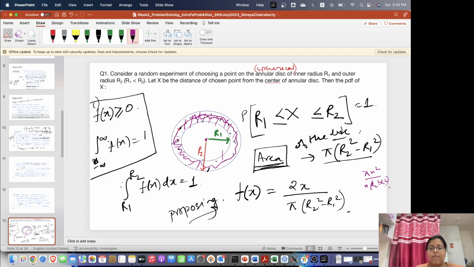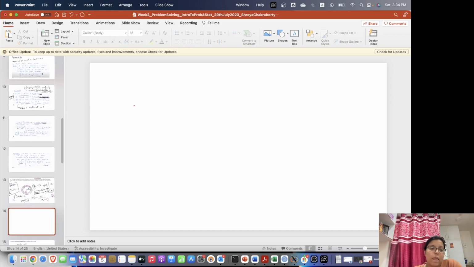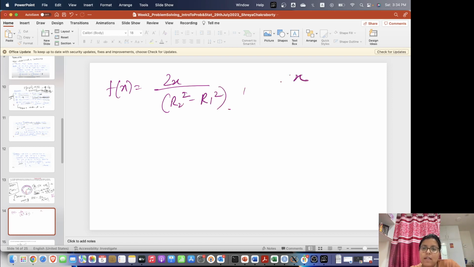Now if I propose this as my density function, let me see if I get the properties or not. So my fx is 2x by (R2 square minus R1 square) when x lies between R1 and R2, and 0 otherwise.